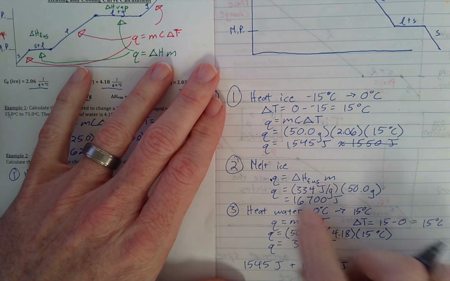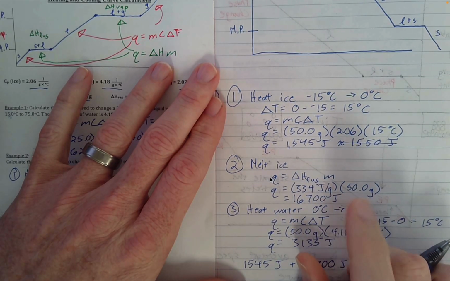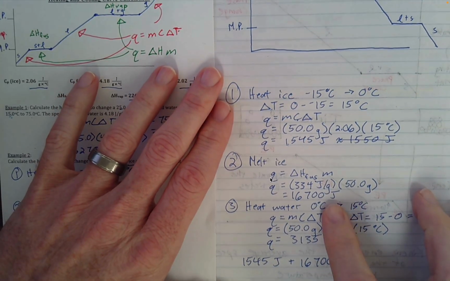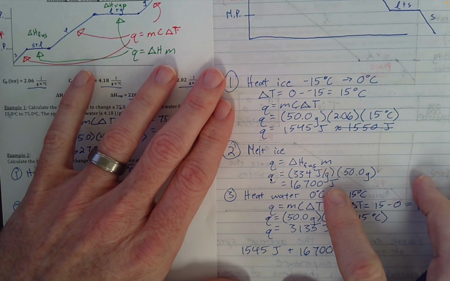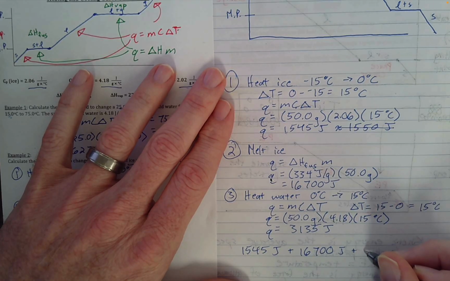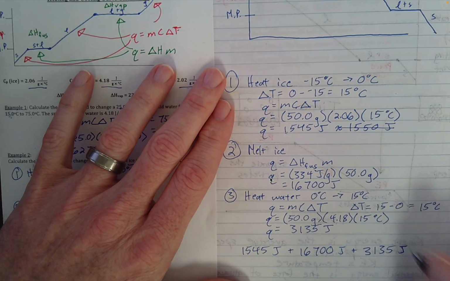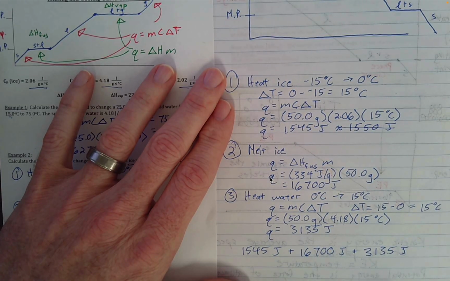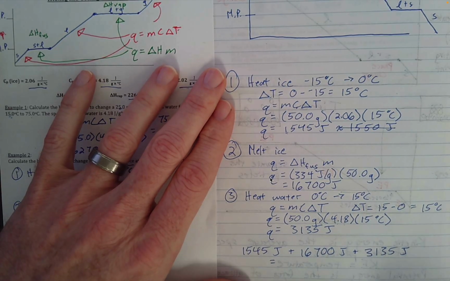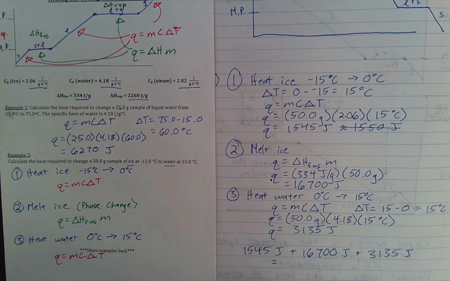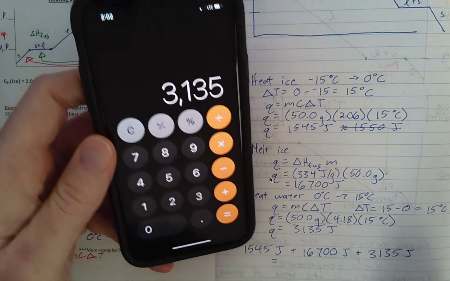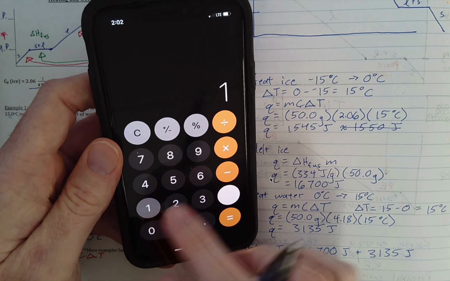Wow, that took a lot of heat, didn't it? Yeah, phase changes take up a lot of energy, all right? And then it took 3,135 joules here, all right? Fantastic. And we'll add those all together.